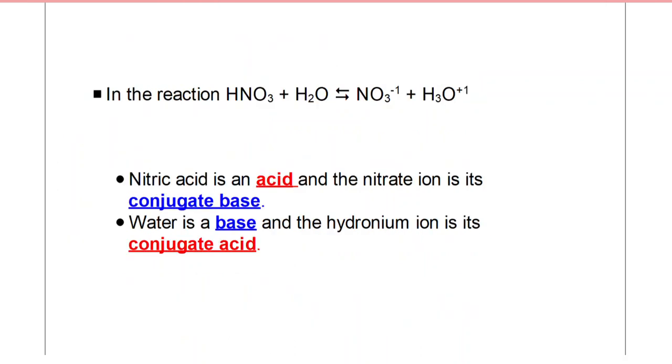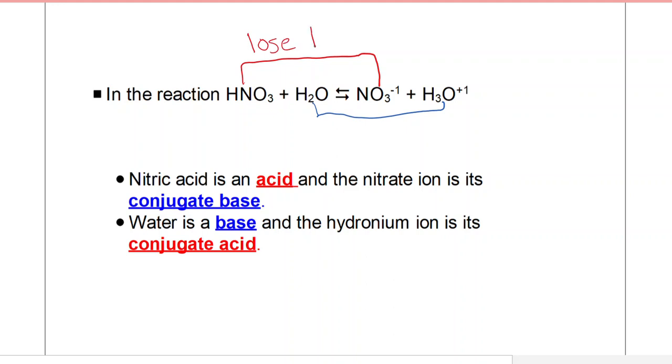So what we have here is nitric acid when it's added to water. We're going to track the substances as they break down. The nitric acid becomes the nitrate ion, and water becomes the hydronium. Looking at nitric acid to nitrate, it is losing a hydrogen, so that indicates that this is an acid.